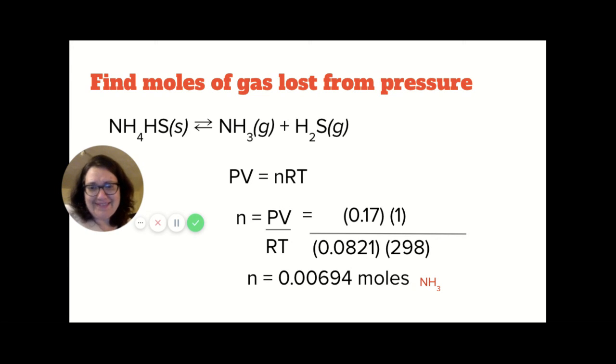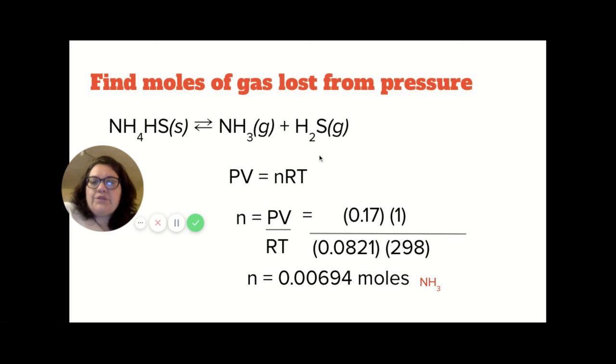Please don't make that mistake this far in. Okay, so unless I've made a mistake with my math, you end up with a very small amount of moles, and that's okay. So this many moles, 0.00694 moles of NH3, to pick a gas, have been consumed.